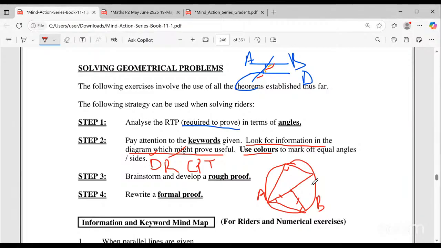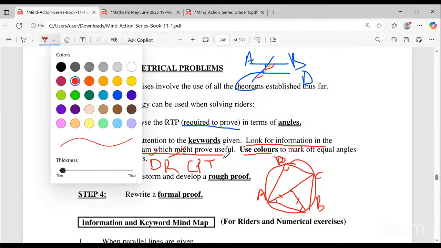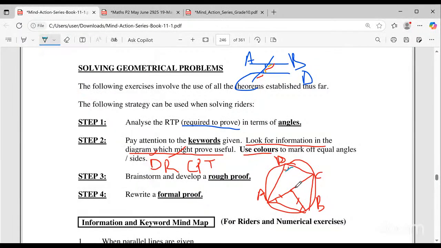Let's say now we extend some line here, that is A, B, C, and then D. Now you know the properties of a cyclic quad, that this angle and this angle will add up to 180 degrees, reason being opposite angles of a cyclic quad, not just any quadrilateral. Opposite angles of a cyclic quad are supplementary, and again angle A and angle C will be supplementary.